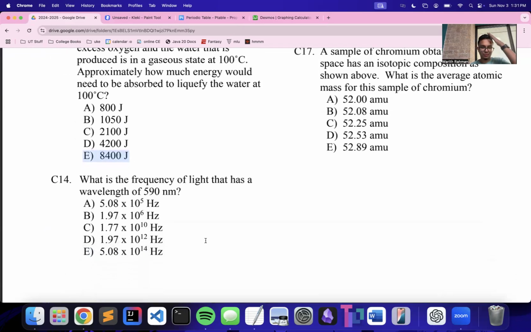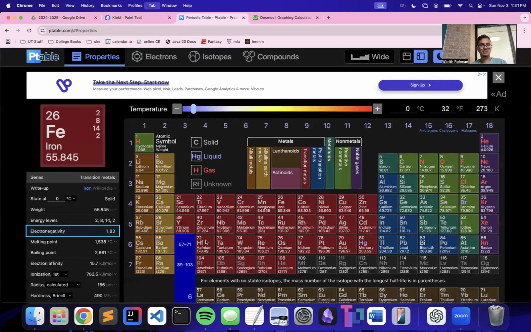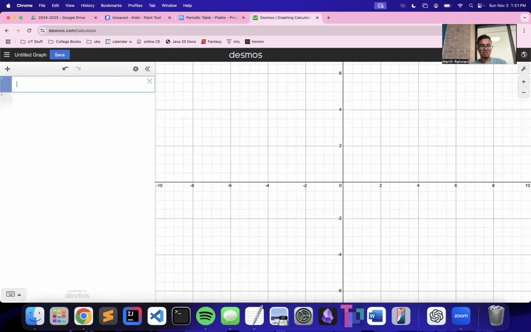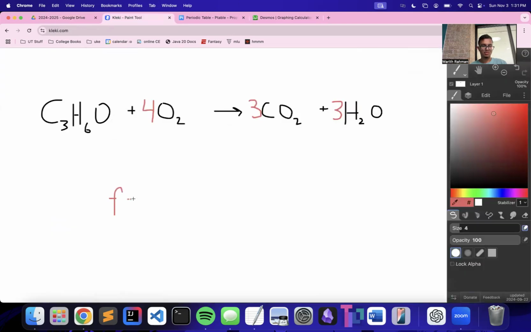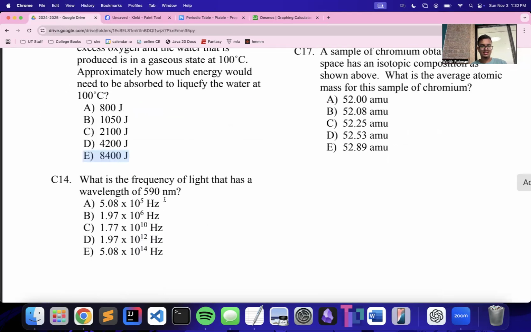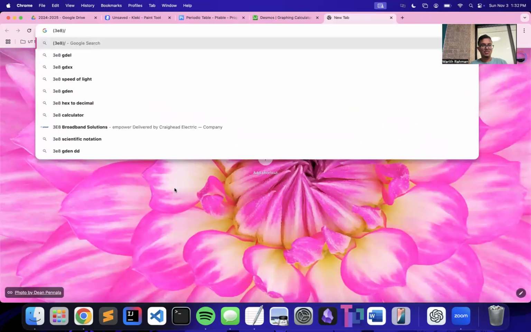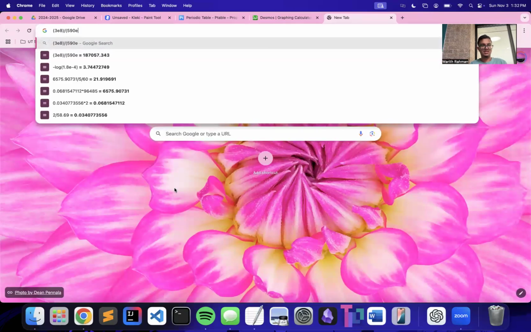Okay. C14, frequency of light that has a wavelength of 590 nanometers. This is as easy as just remembering f equals c over lambda. When you write this out, the frequency is going to be 3 times 10 to the 8th divided by 590 nanometers, or 590 times 10 to the negative 9.